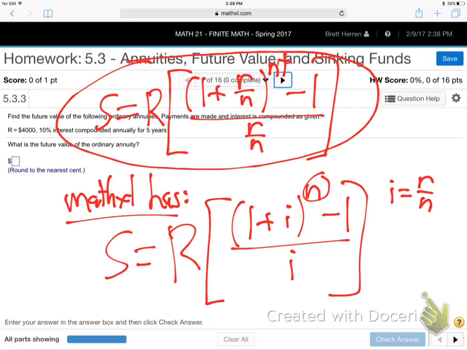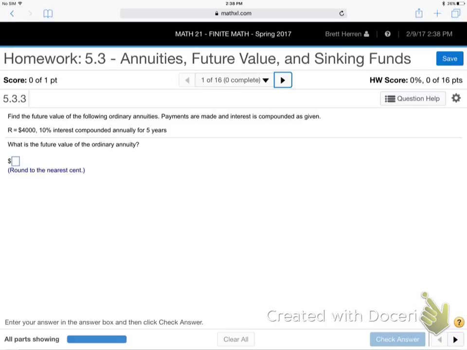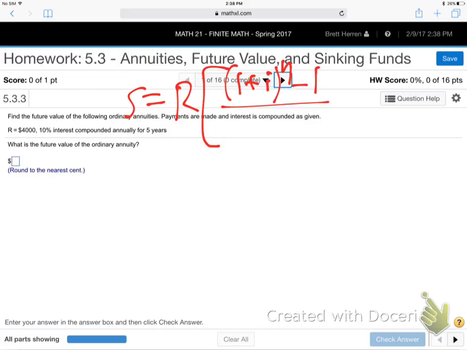All right, so with that said, if you didn't get that down, you can get it next time. I'll write it again. Actually, I need to write it again right now. Let's do at least one of these before we break. Whoops, I'm doing it MyMathLab's way: R, open bracket, 1 plus R over N, to the NT, minus 1, close bracket, over R over N. Okay, so there we go.